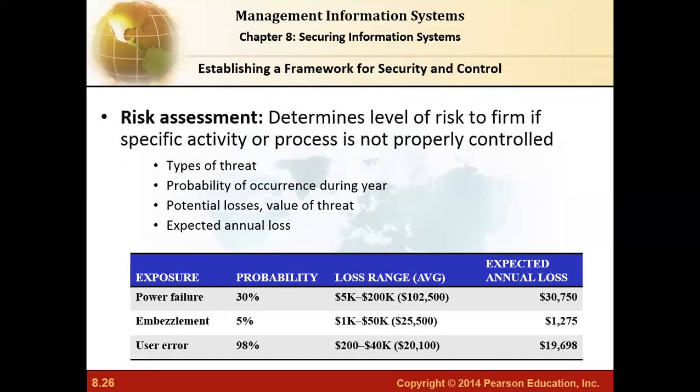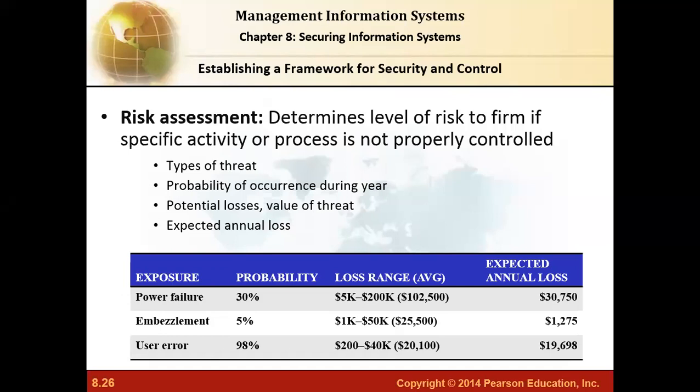And due to some user errors, because let's suppose the users are not well trained, they might make some errors, and based on those errors the loss will be this. So expected annual loss is being calculated, and then you can decide for yourself that okay, that is the cost which I have to pay.